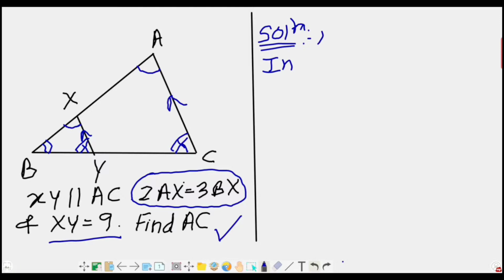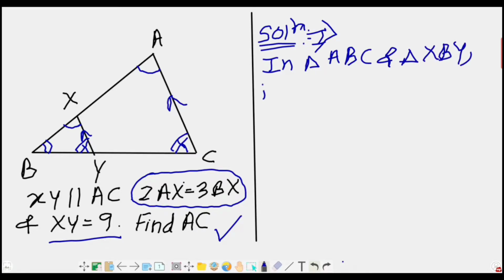So in the first point we can prove that in triangle ABC and triangle XBY, your angle ABC is congruent to angle XBY.